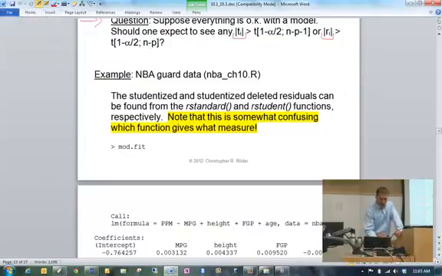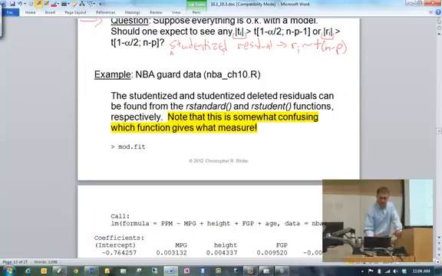One of these measures was called a studentized residual, and it was denoted by r sub i. Simply, it's the residual divided by the square root of its estimated variance. And this r sub i has a t-distribution with n minus p degrees of freedom.